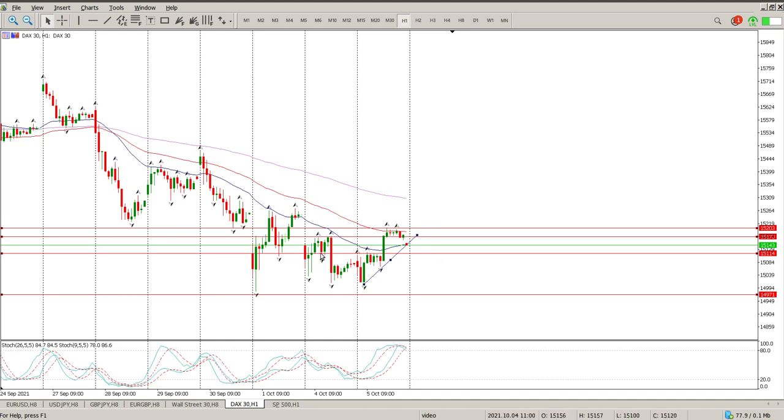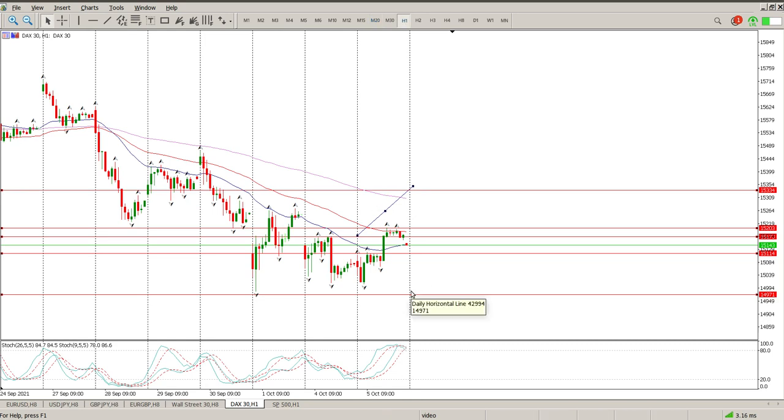If that happens, then we do have a bit of structure, and that structure gives us a fairly solid measured move, which is pretty much from the low to the high. And I'm just going to be conservative and take it from the lower end. There we go. And that takes us up into this zone of 15,334. But at the moment on the 1 hour, you can see a grouping of the oscillators.